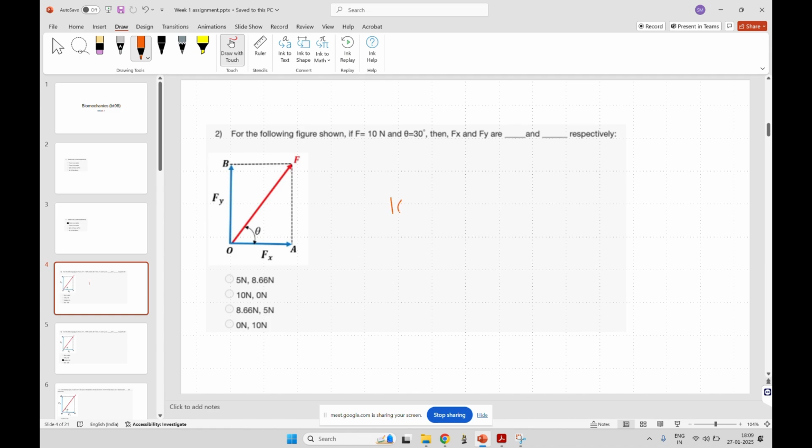Anyways, Fx would therefore be 10 cos 30, and cos 30 is root 3 by 2, so it will be around 8.66, and Fy would be F sin theta, so 10 by 2, therefore 5. Make sense? Questions?